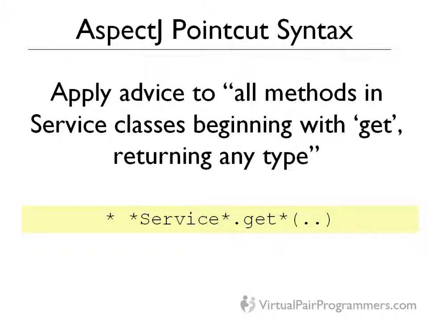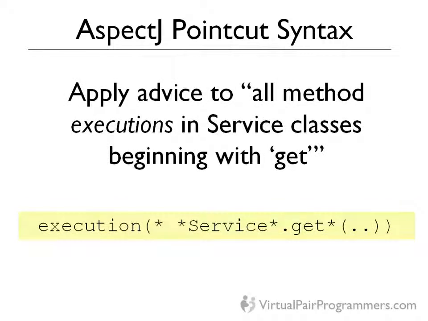Well, I have to admit that the expressions that I've showed you over the last couple of minutes won't actually compile. They're not quite true AspectJ pointcut expressions because you also have to specify the phrase execution on the front, followed by round brackets. And that's because I want to apply this advice to all of these method executions.